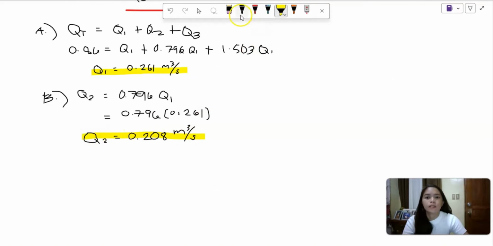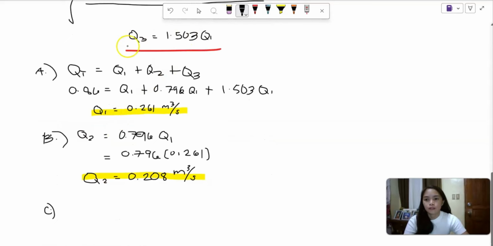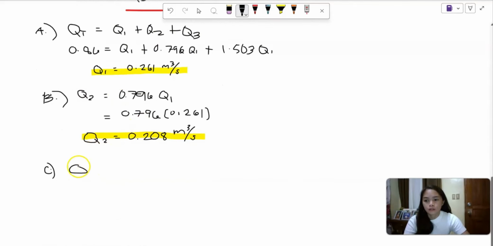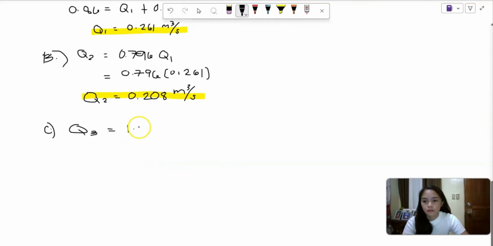And lastly is the flow in pipeline 3. So we will use this equation: Q3 is equals to 1.503 Q sub 1. So substitute the value of Q sub 1.